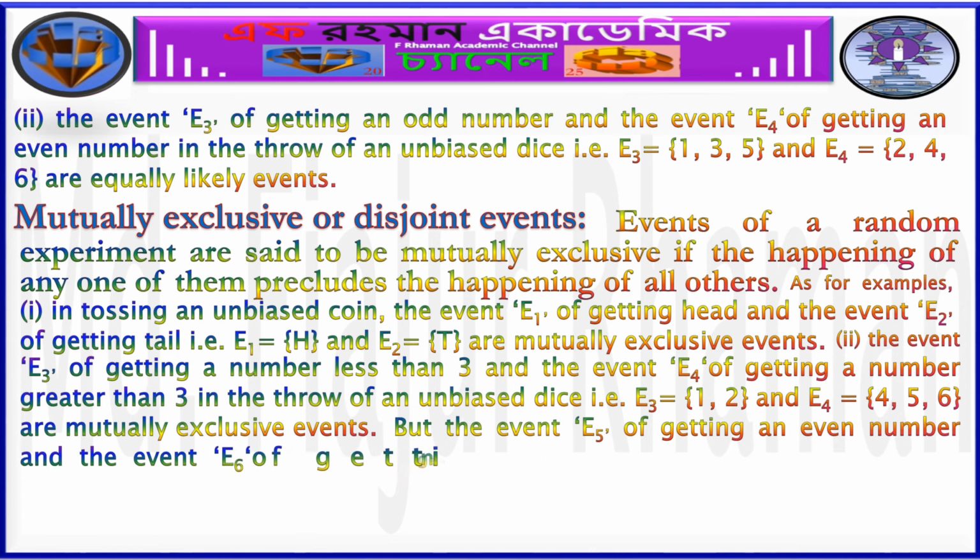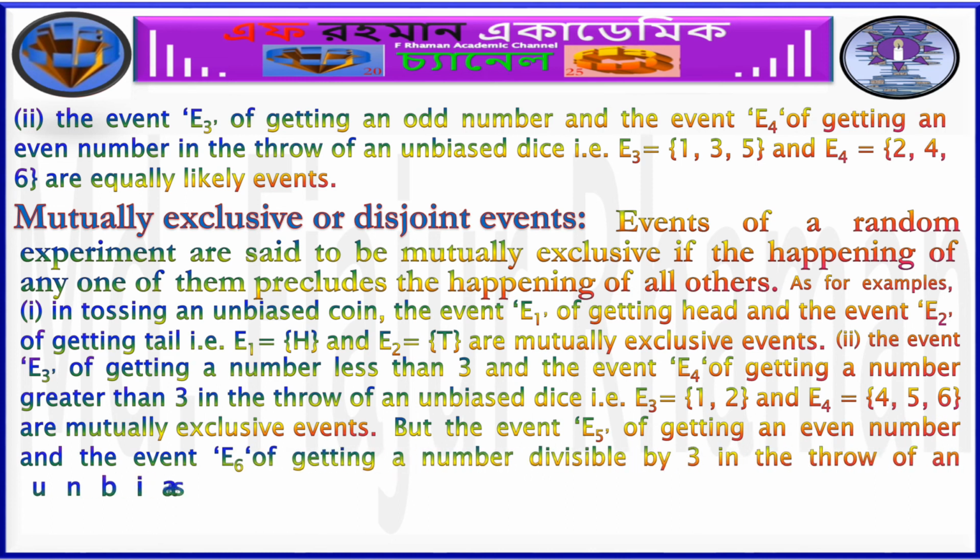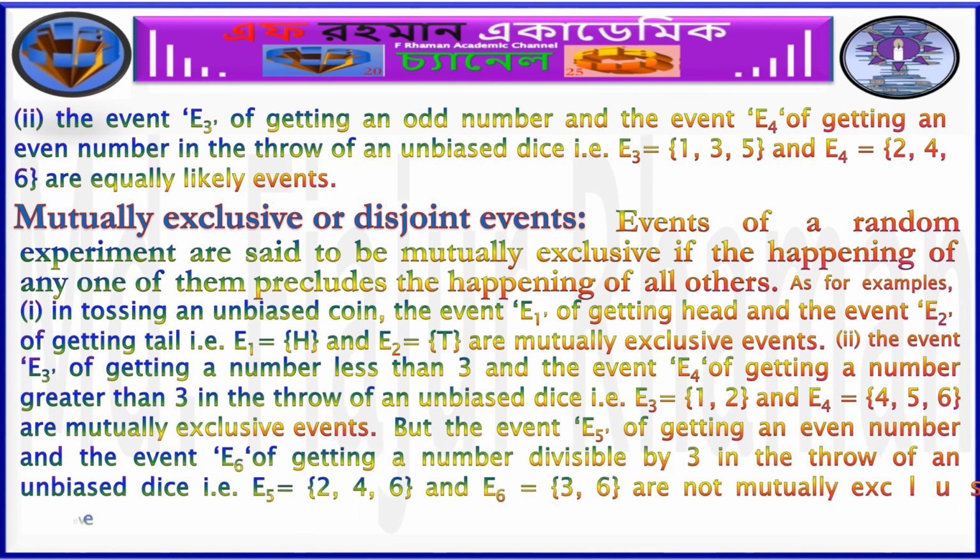But the event E5 of getting an even number and the event E6 of getting a number divisible by 3 in the throw of an unbiased dice, that is E5 = {2, 4, 6} and E6 = {3, 6}, are not mutually exclusive events.